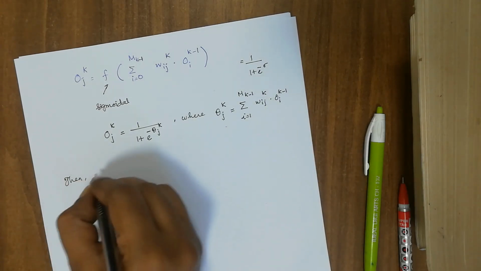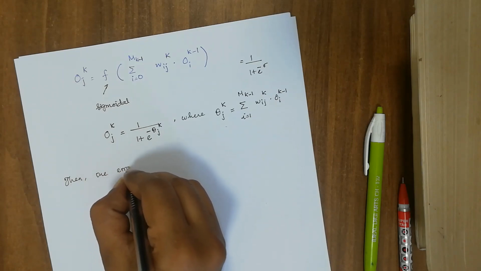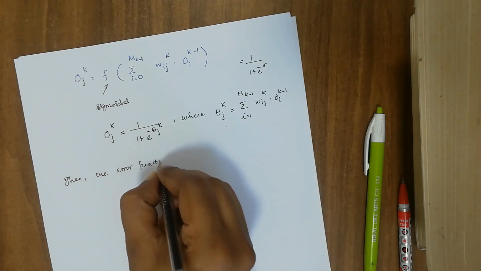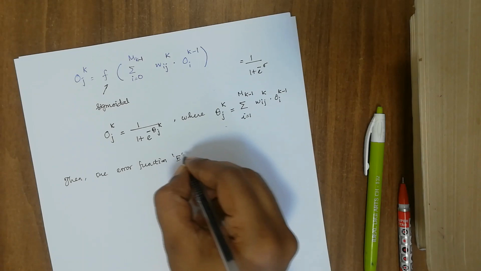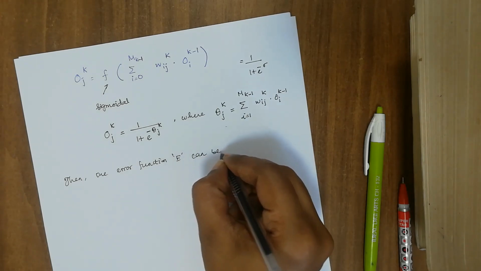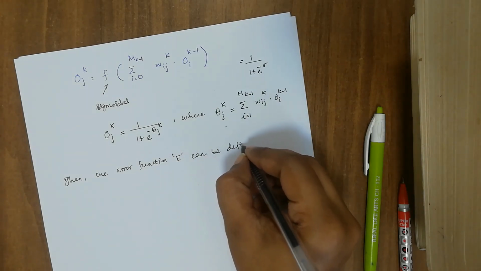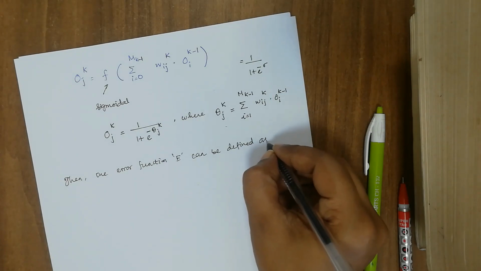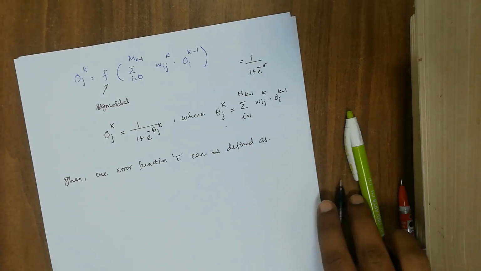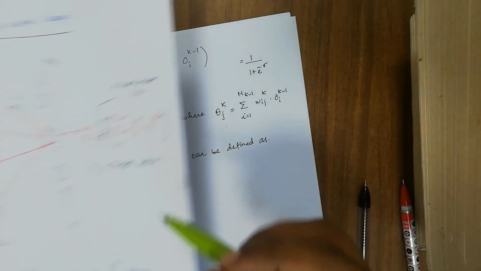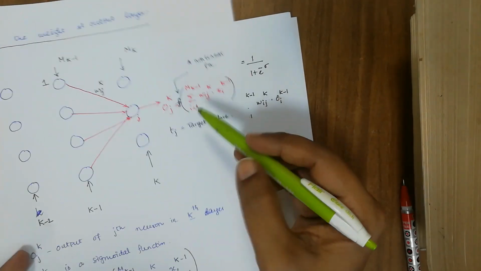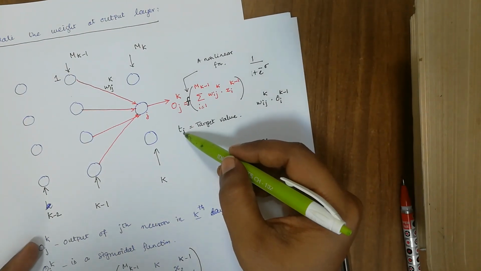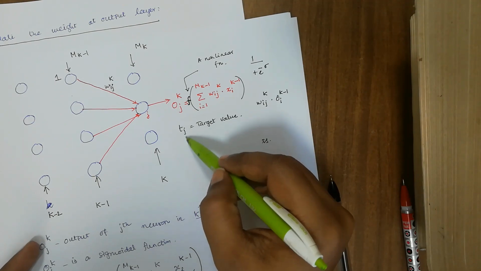Then the error function e can be defined as follows. So what is the error function? Because we know the expected output at the output layer, which is also denoted as the target value, tj.